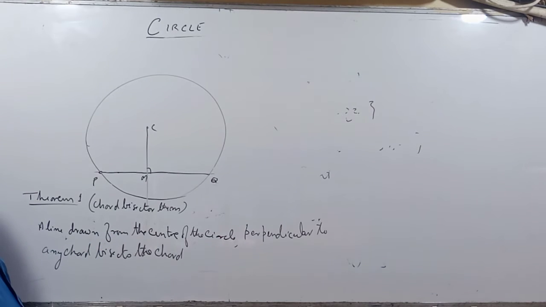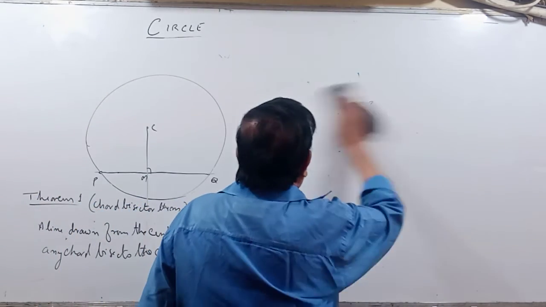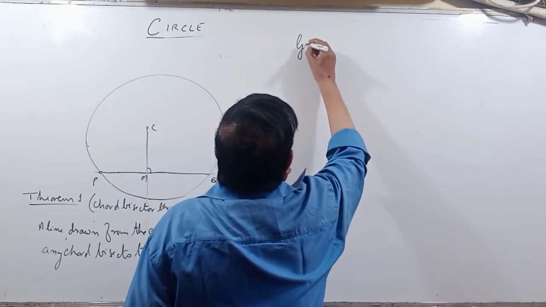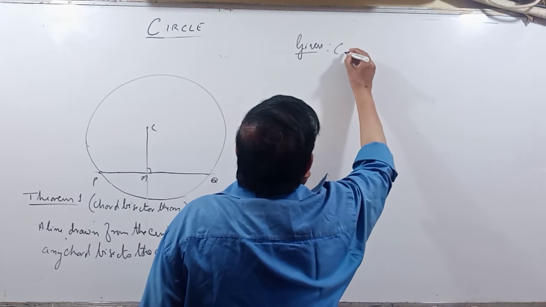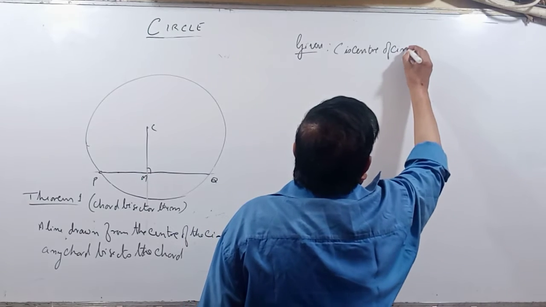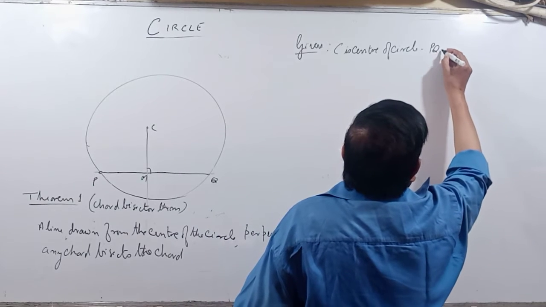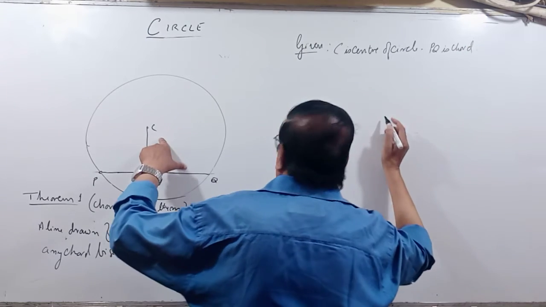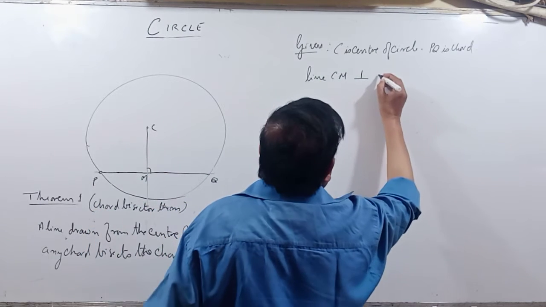Now how to prove this? Given: C is the center of the circle, PQ is the chord, उसके बाद line CM perpendicular to PQ.